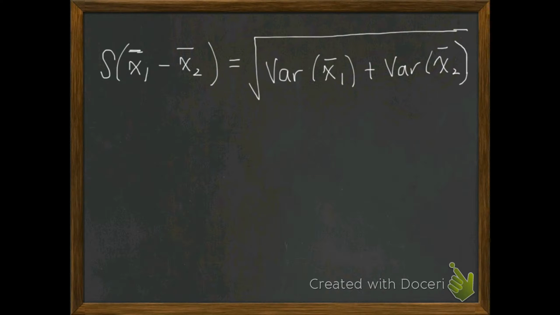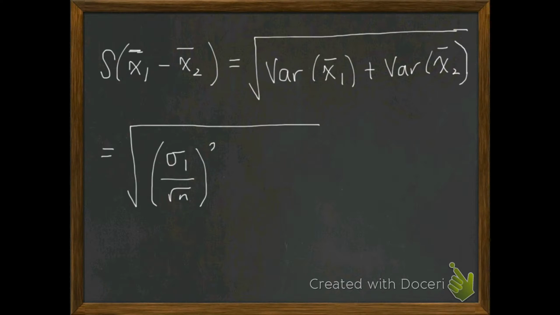All right, and the variance for x bar 1 and x bar 2, we should know this from the central limit theorem. And if you're sitting there thinking, well, I don't know this, don't sweat it. I'll teach it to you.